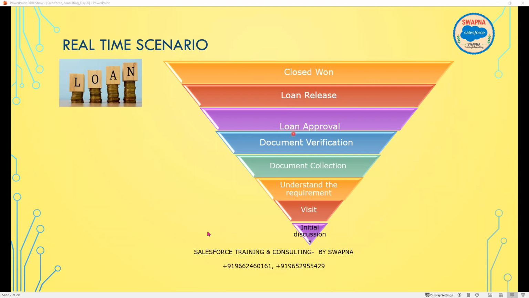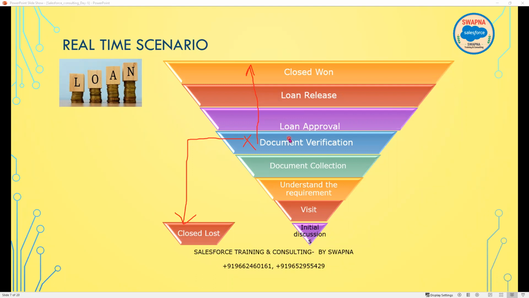Immediately it will go into the closed lost. If everything is processed perfectly, the loan will be approved, the loan released, and it will go to closed won. In case anything is wrong in the document verification, immediately it will go to closed lost.